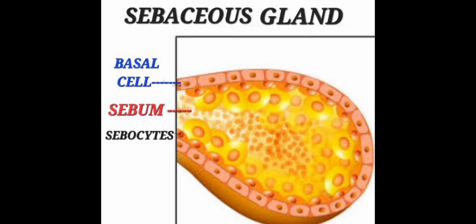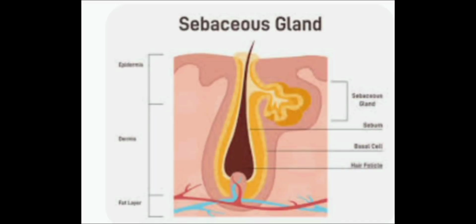If we look at its developmental history, the sebaceous glands are located in the mid dermis and almost always develop alongside a hair follicle with an outlet emptying into the follicular canal. This association is known as the pilosebaceous unit.